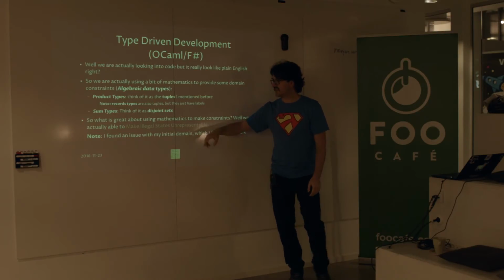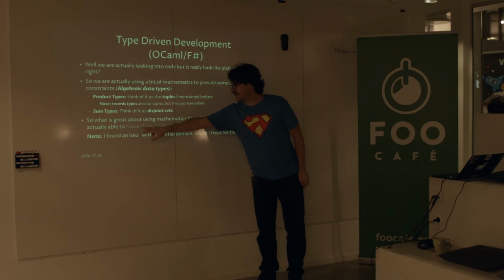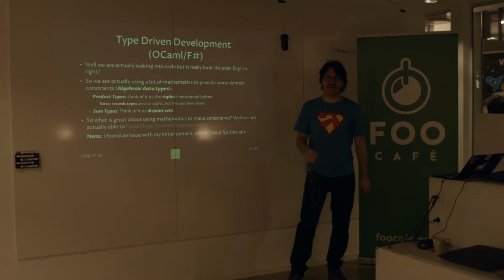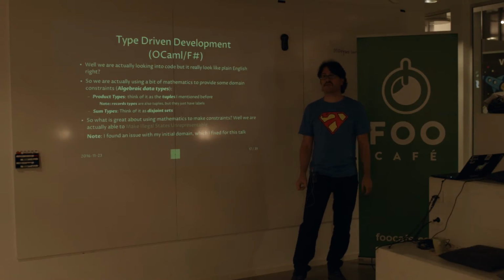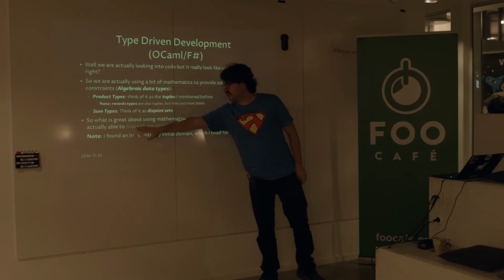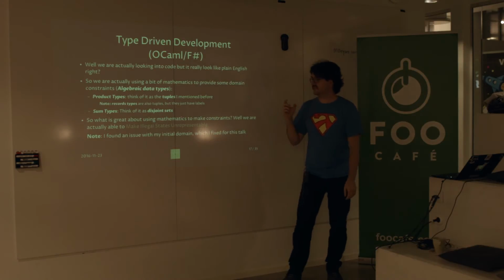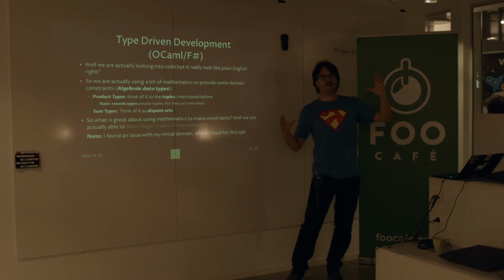There's a statement used by the CTO of Jane Street, who says that we're able to make illegal states unrepresentable. And that hugely reduces the number of test cases.